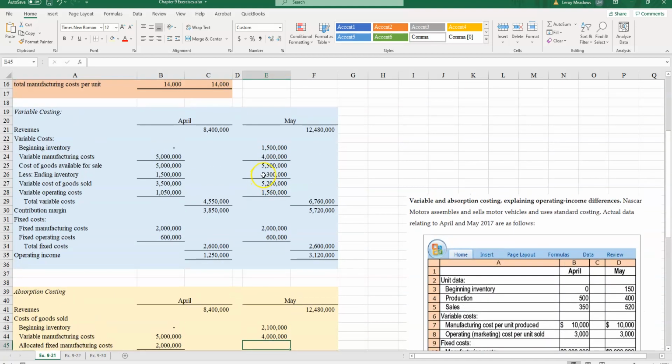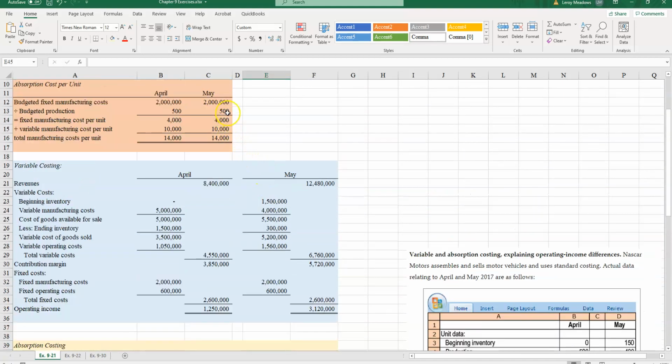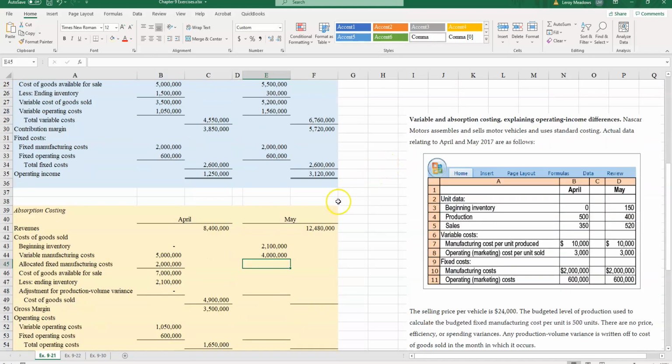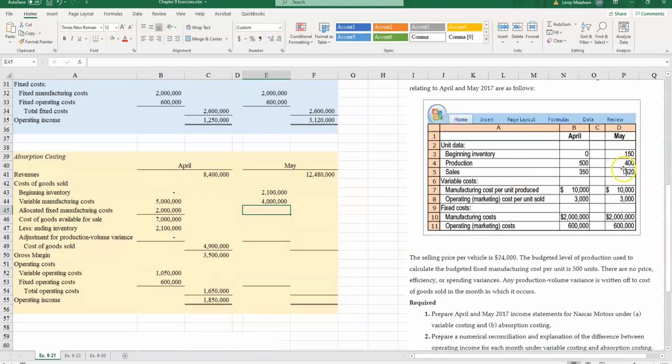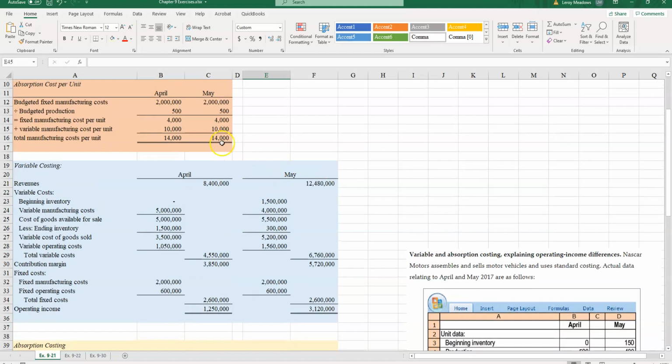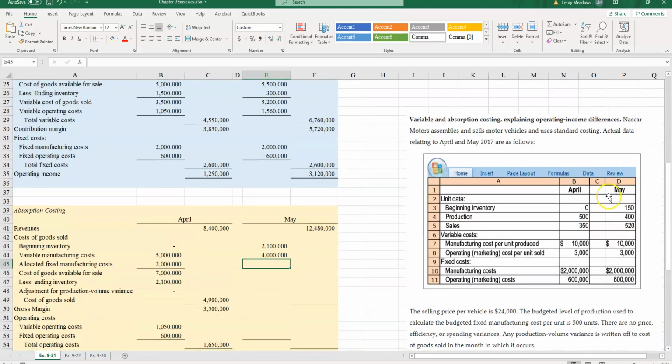Well, I figured an allocation of $4,000 per unit of fixed manufacturing costs, but I only produced 400 units. So $4,000 per unit times 400 units produced gives me allocated fixed manufacturing costs of $1,600,000.